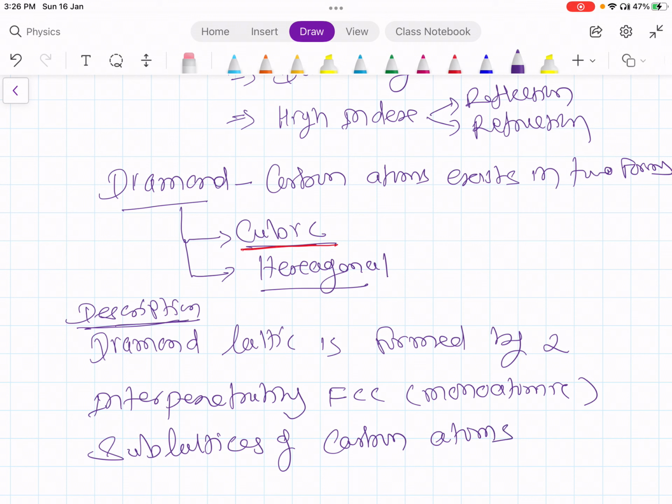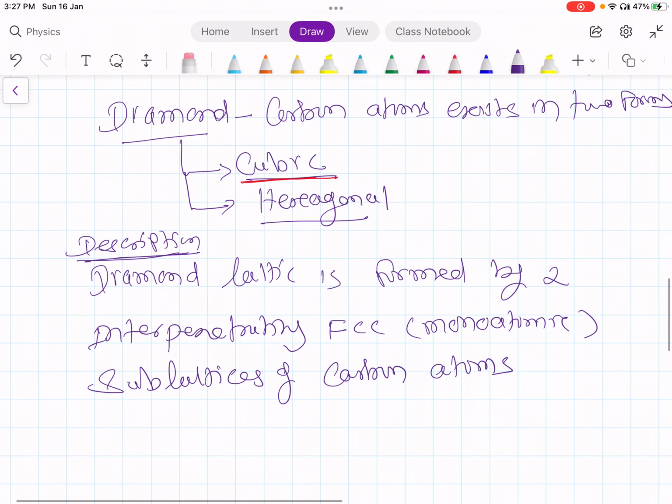Initially there are two FCC sublattices of carbon atoms. Then they interpenetrate into each other and form a single lattice, and that is the diamond lattice.